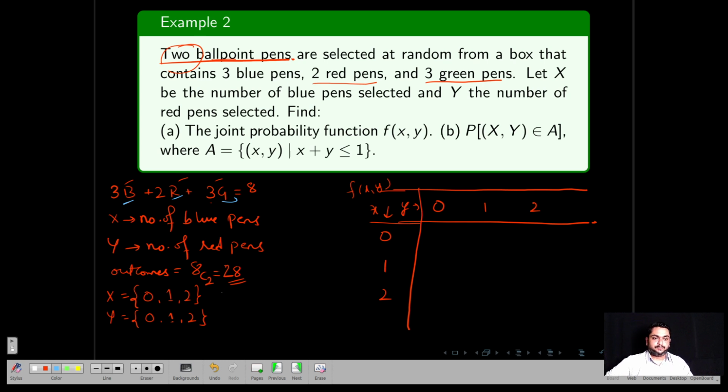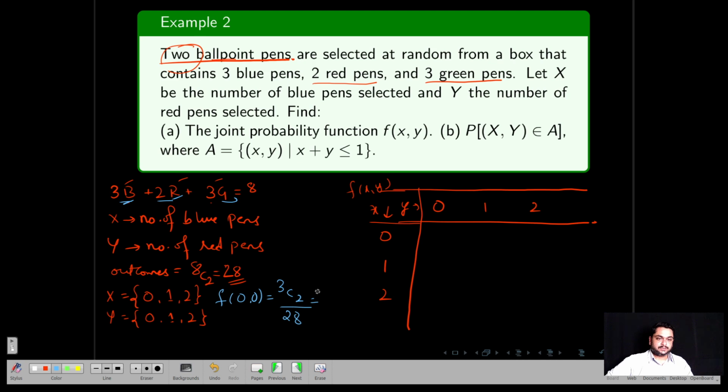So let us find that value. What is that value? F of 0, 0 is equal to, I am not selecting from blue, I am not selecting from red. So I am selecting 2 pens from green, 3C2, because there are 3 green pens available, divided by 8C2, that is 28.